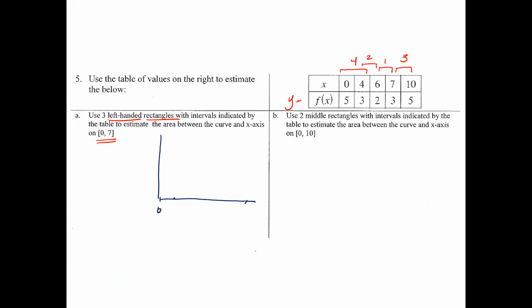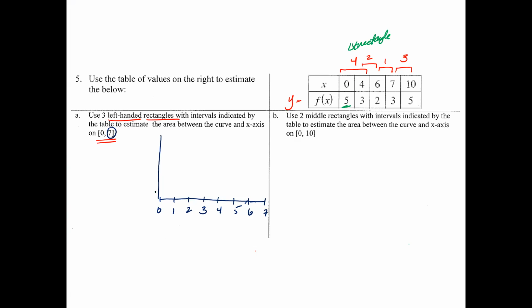So here's my 0, 1, 2, 3, 4, 5, 6, and I want to stop at 7 because it's from 0 to 7. And so from here, what I'm going to do is look at the height of each of these intervals for the rectangles. My first rectangle is going to be from 0 to 4. So it's a left-handed interval. So here's my 0 to 4, and it is at 5.